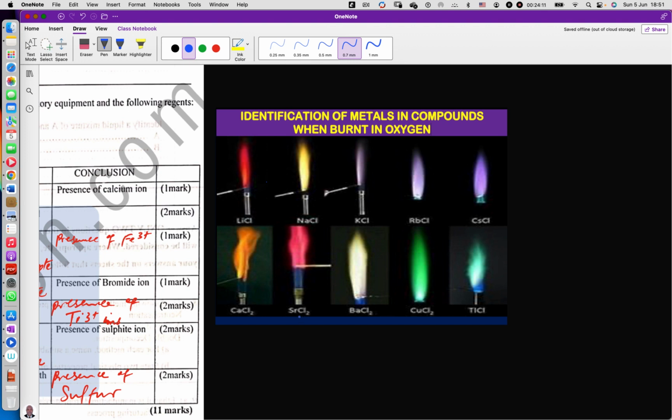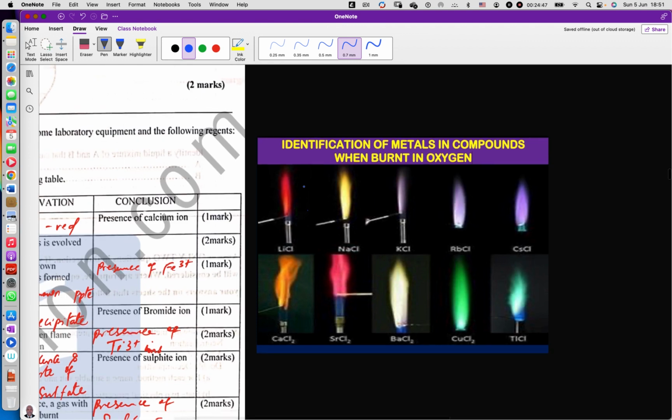That is the flame of strontium chloride, the flame color for barium chloride, for copper 2 chloride, and for titanium chloride, and these are different. These are the identification of metals in compounds burned in oxygen, and all of them are chloride salts. So sodium is golden yellow.